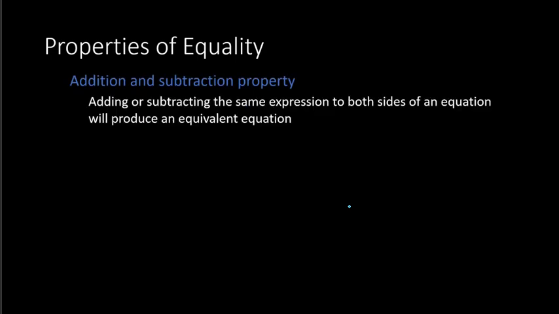So with equations, we have different properties of equality. First, we have the addition and subtraction property, which says that we can add or subtract the same expression to both sides of an equation to produce an equivalent equation.